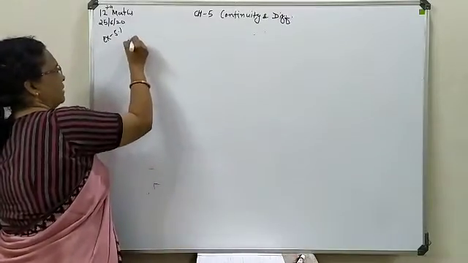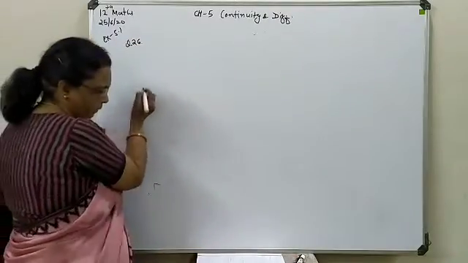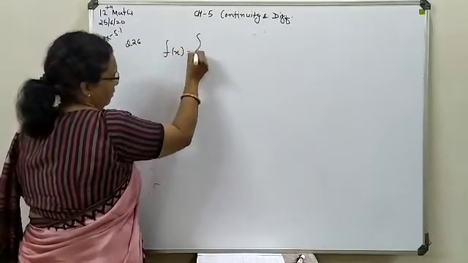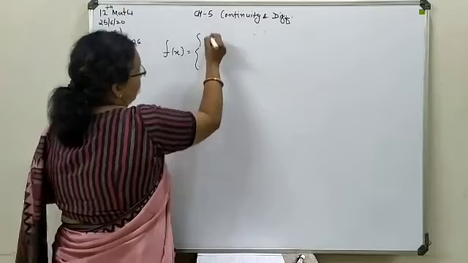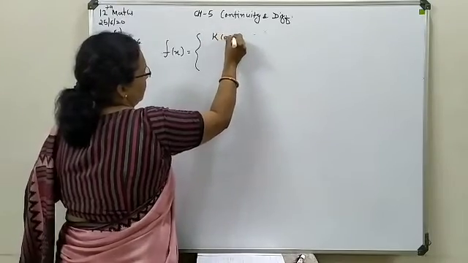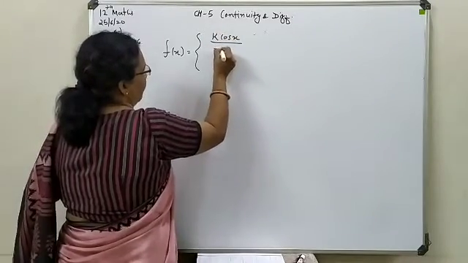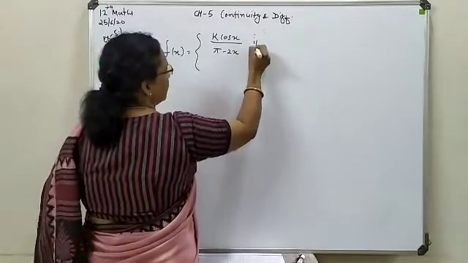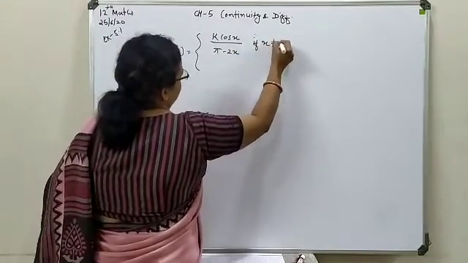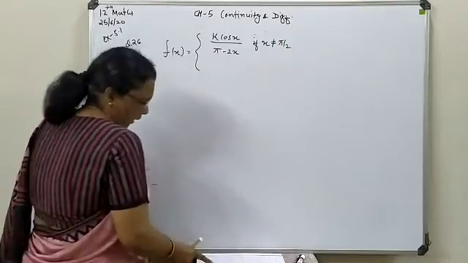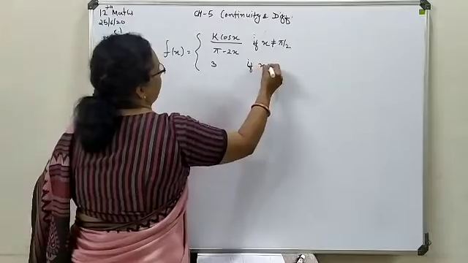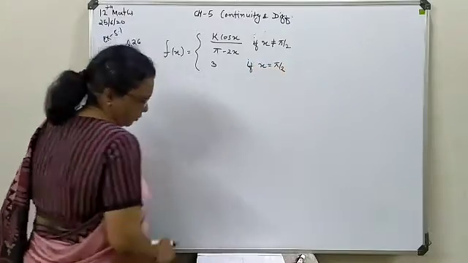As your question 26, your function is available in two parts: k cos x upon pi minus 2x, if x is not equal to pi by 2, and this is equal to 3 if x is equal to pi by 2.